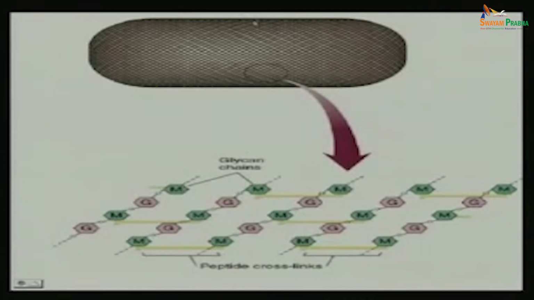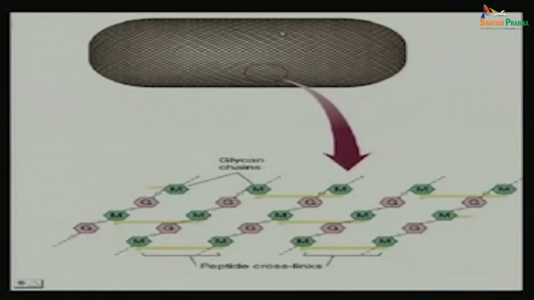If we see the structure and the composition, the NAM and NAG are the glycan chains, and they are just linear chains. These linear chains are there, and you see these amino acids are linking one chain to another, and this way they form a matrix-like structure.